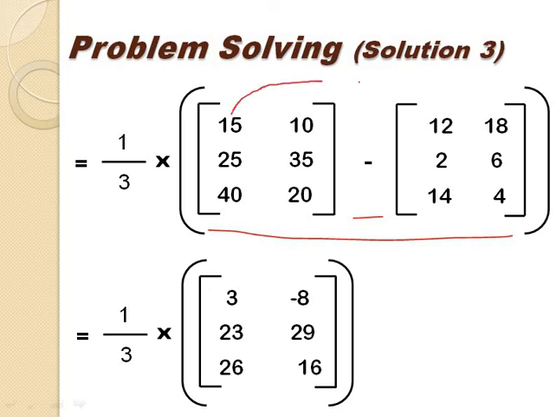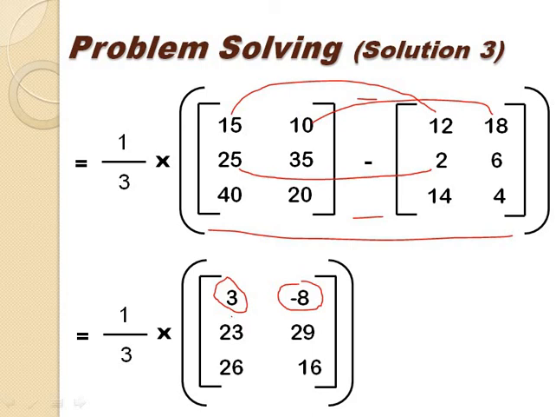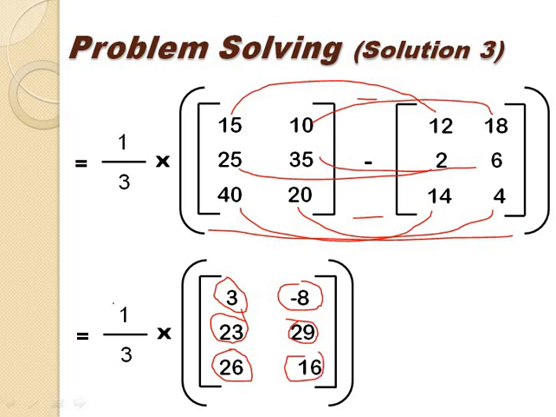That means 15 minus 12, we will get 3. 10 and 18, if you subtract, we are getting minus 8. 25 minus 2, we are getting 23. 40 minus 14 is 26. 35 minus 6 is 29. 20 minus 4 is 16. So we have got this particular result.